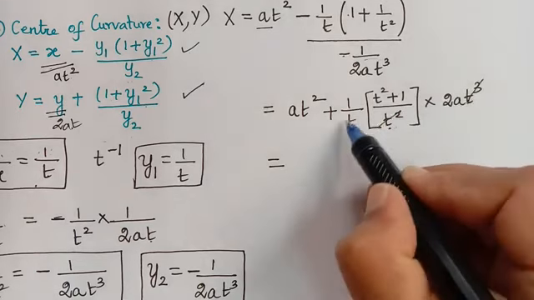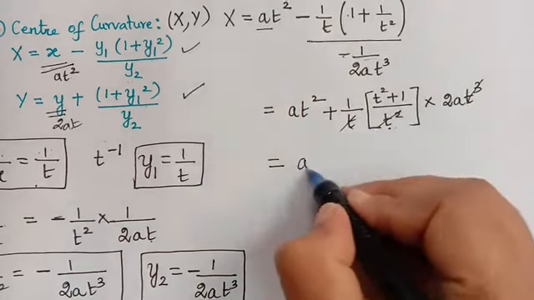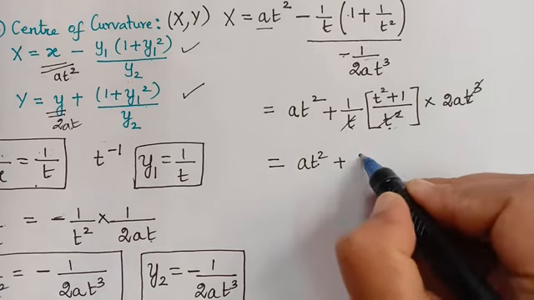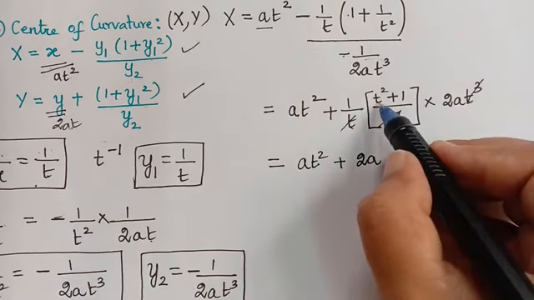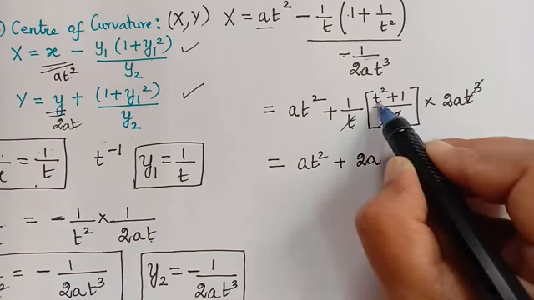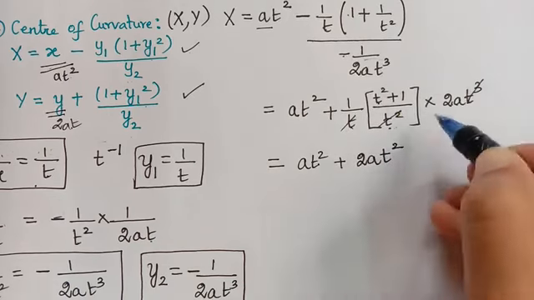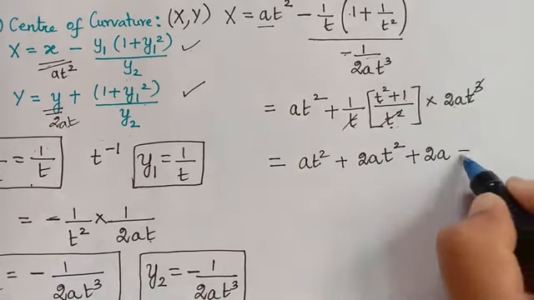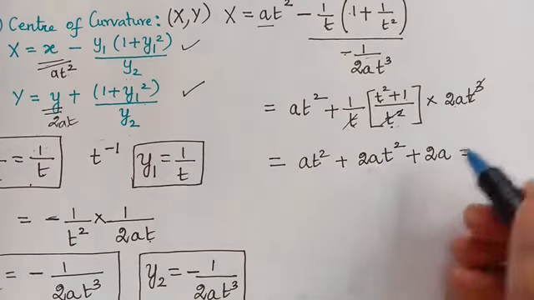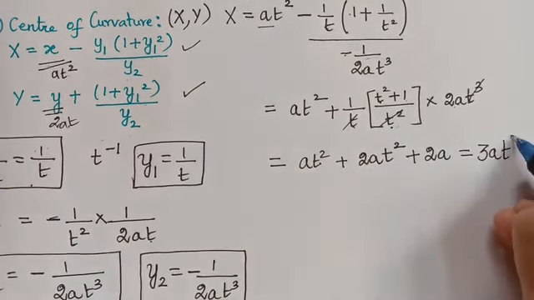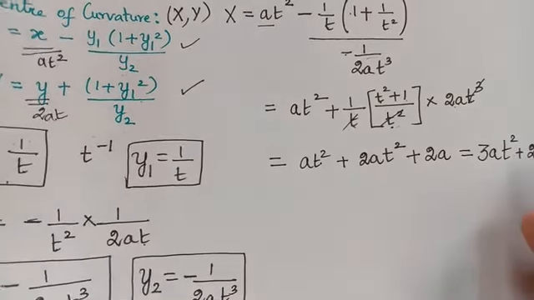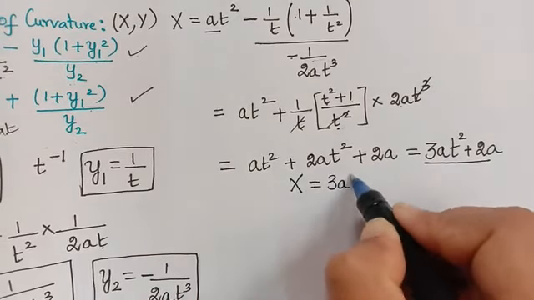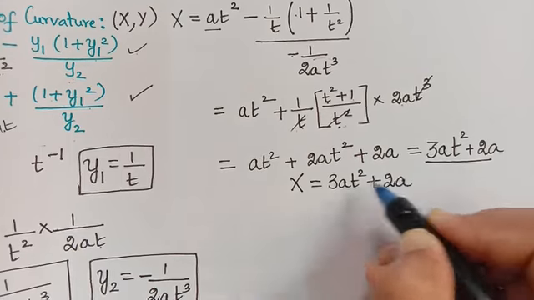So this t cube and this 2 will get cancelled, and so we will be having at squared plus, now here we have 2a, multiplied with t squared, so 2a t squared, and then plus 2a. That is equal to at squared plus 2a t squared, which will become 3a t squared plus 2a. So this is our capital X. Therefore capital X is equal to 3a t squared plus 2a. So let us mark it.